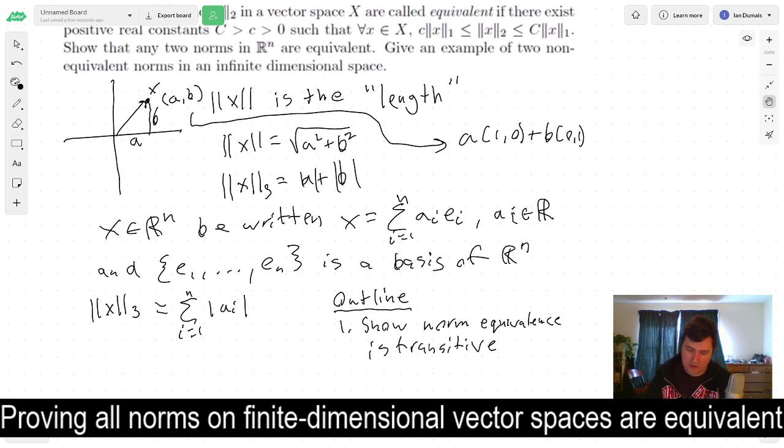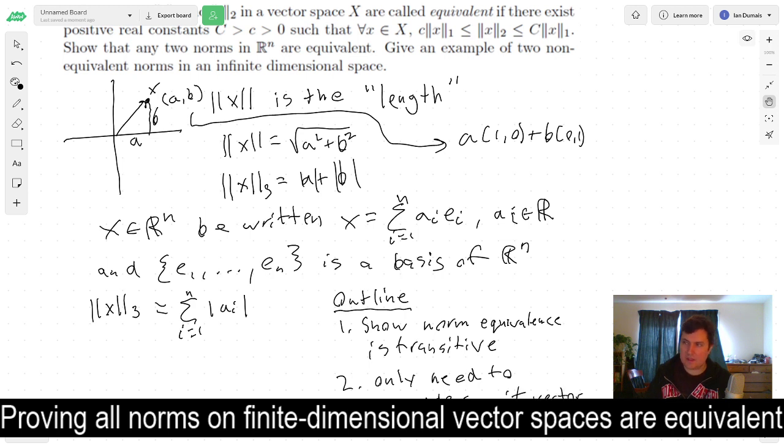The next thing we're going to show is that we only have to look at vectors that are unit vectors, so length 1.